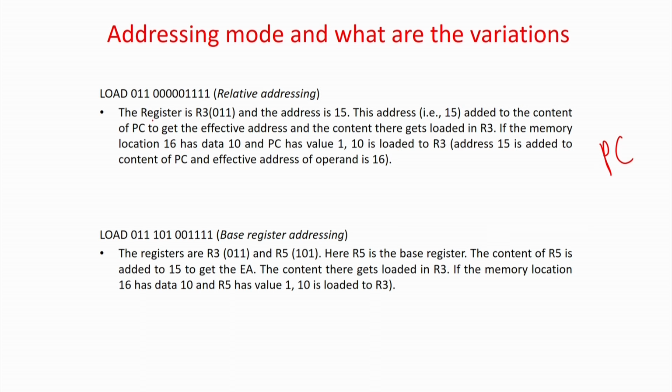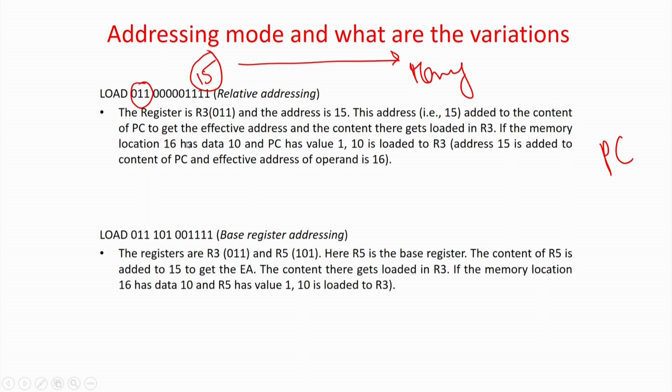So, it says that the register is R3, and the address is 15. This is the location in the main memory. It is then added to the content of the program counter.